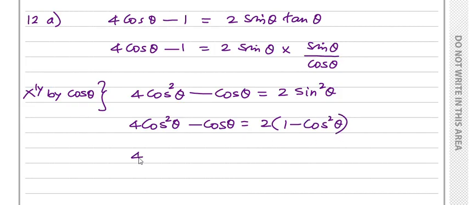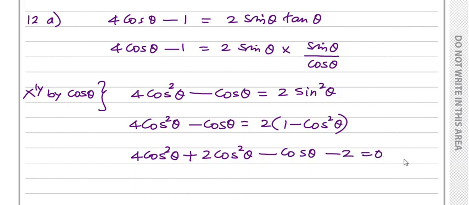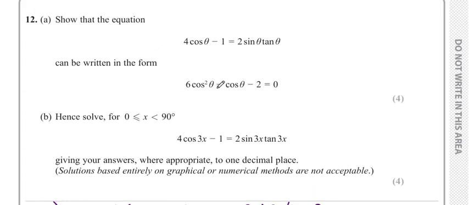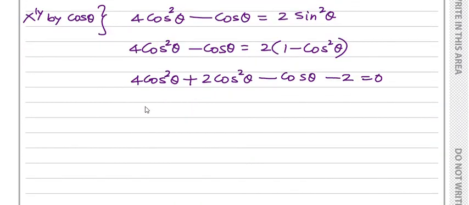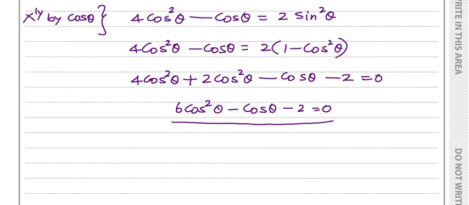Okay, then we got a minus 2 cos square theta over there, which will add up with this 4 cos square theta, okay, minus cos theta. Okay, and then there is a 2 times 1 there, which is minus 2 here, is equal to 0. Let's look at the equation once again. Okay, now we can simplify this to 6 cos square theta minus cos theta minus 2 is equal to 0, which is what the question wants you to arrive at.